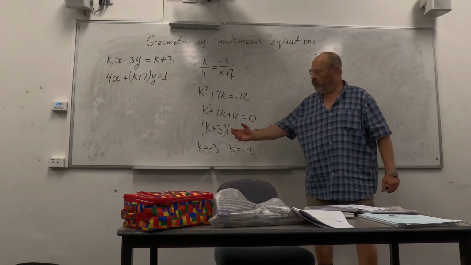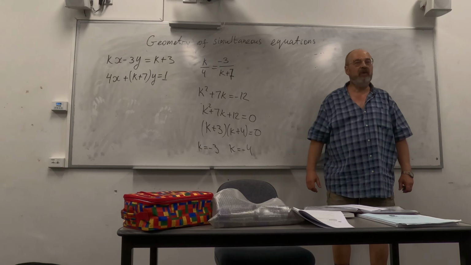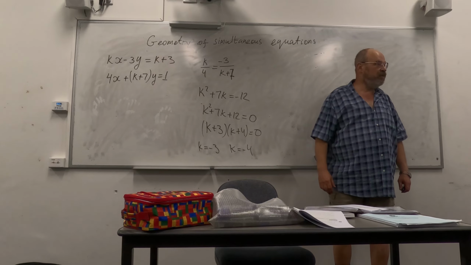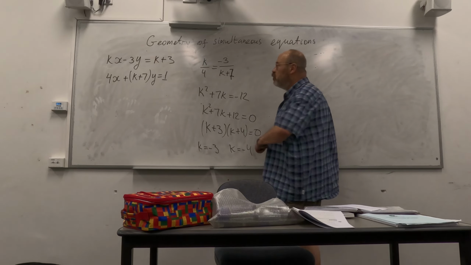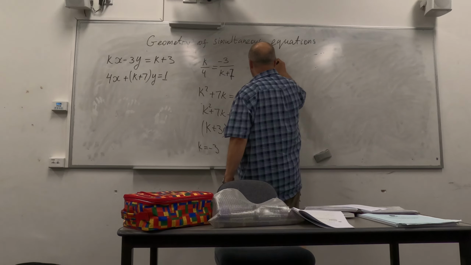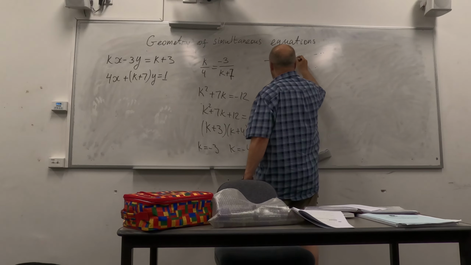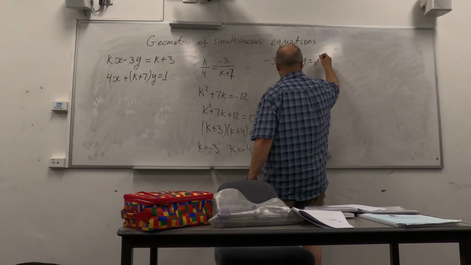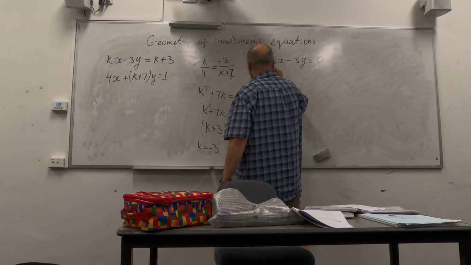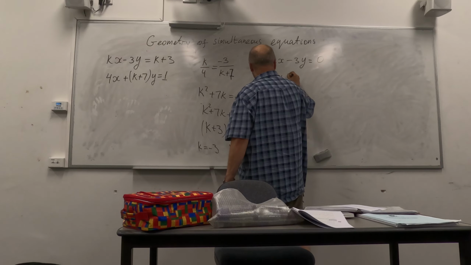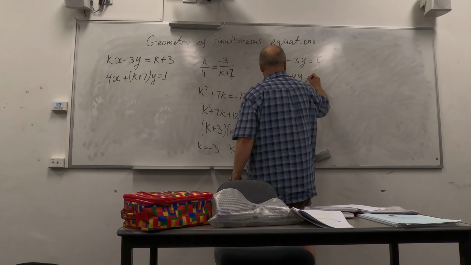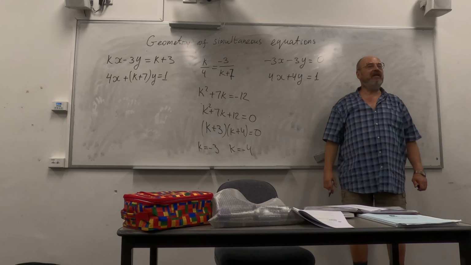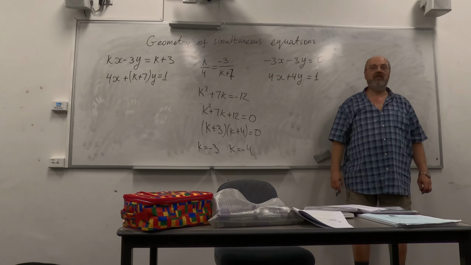How can we distinguish which one is which? Substitute it in. Let's substitute negative 3. We get negative 3x minus 3y equals 0, and 4x plus 4y equals 1. Is that the same line or not?